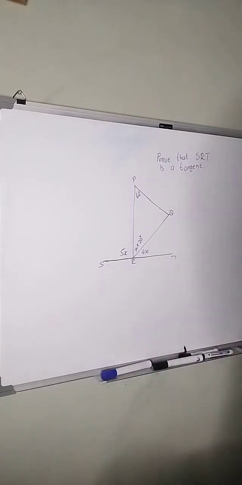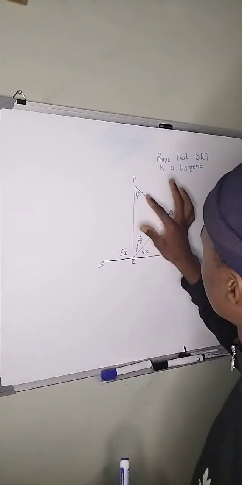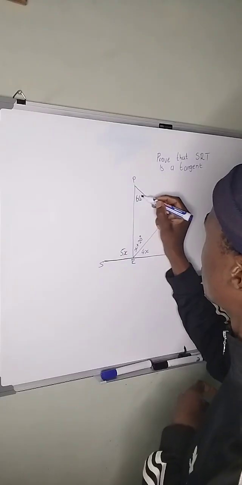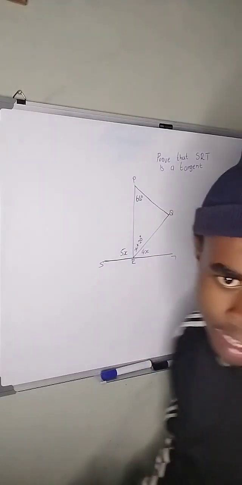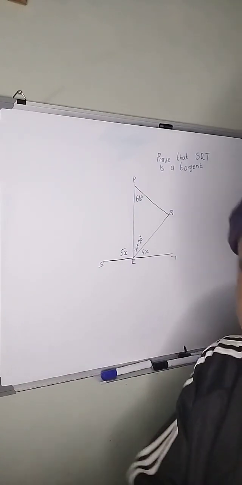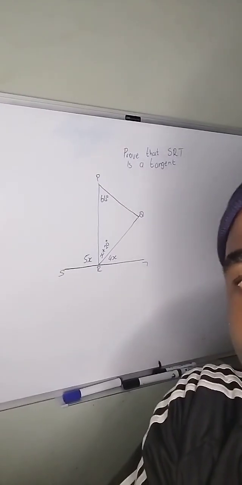Yes. Prove that SRT is a tangent. This is going to be 64. I'm going to give you a few minutes. Let's discuss. We are proving that SRT is a tangent. Let me bring this closer.